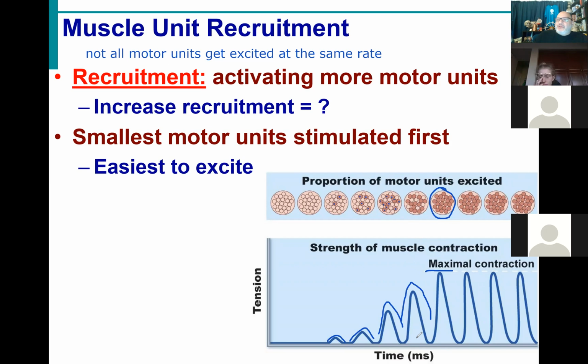So I keep adding bigger and bigger motor units until I'm at the maximal tension when I'm firing all the muscle cells together. And as we just finished talking about, if all the muscle cells are firing together, am I going to be able to alternate through them to reduce fatigue? No. No. So if I'm firing all of them at the same time, these muscle cells are going to fatigue much more rapidly.